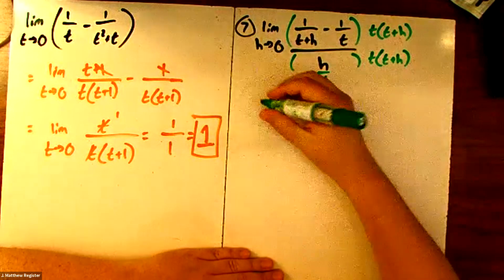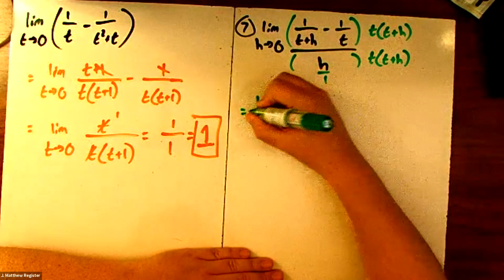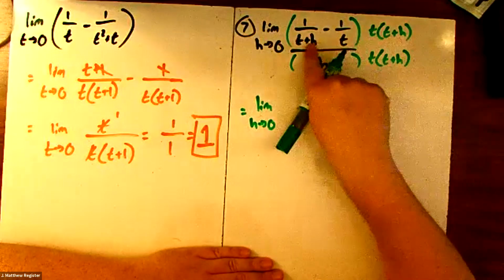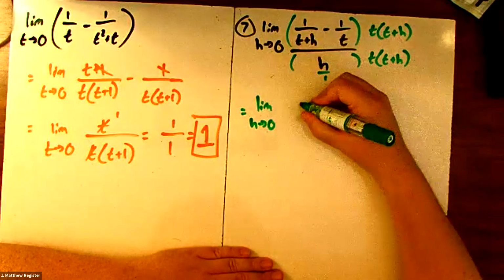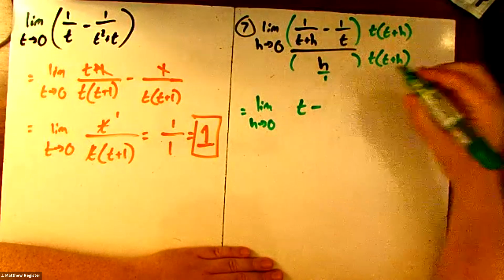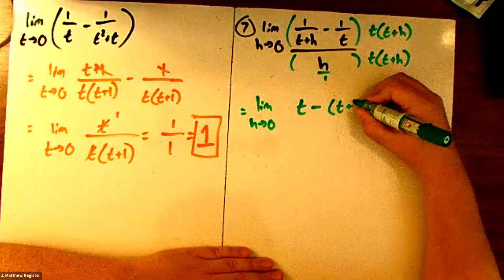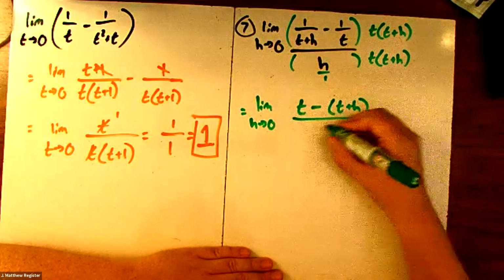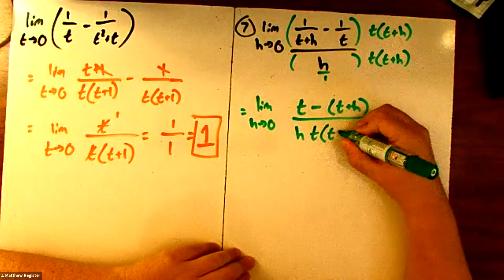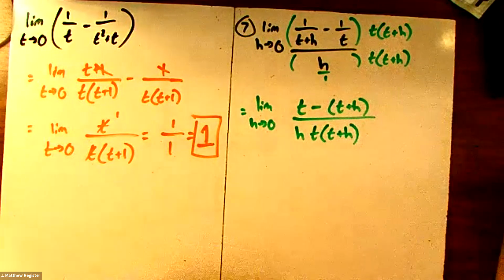Multiplying through by that, limit as h goes to 0. For the first term, the t plus h's cancel, leaving t. For the second one, the t's cancel, leaving t plus h. Then on the bottom, we have h times t plus h.